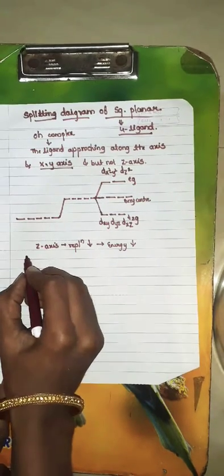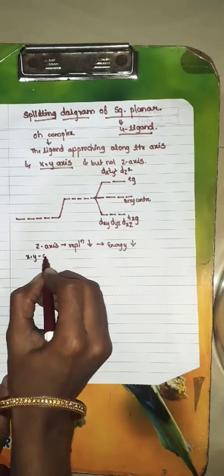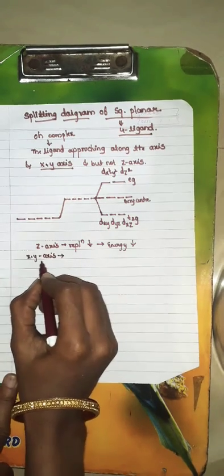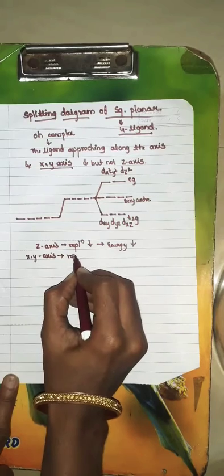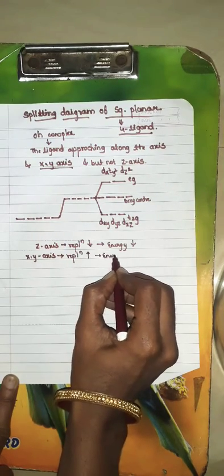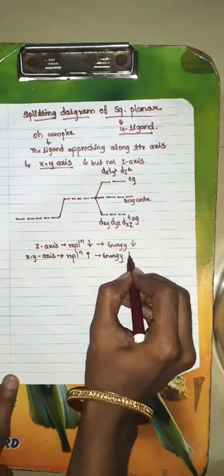But along the xy axes, ligands approach, so repulsion increases and energy also increases.